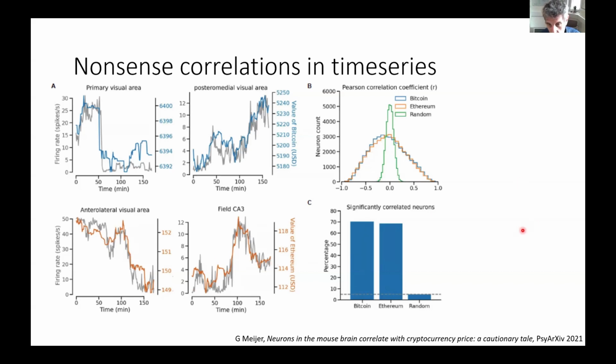But as Guido calmly stated, mice almost certainly lack the capacity to read and interpret complex financial data. So this isn't a genuine thing. It's a warning.